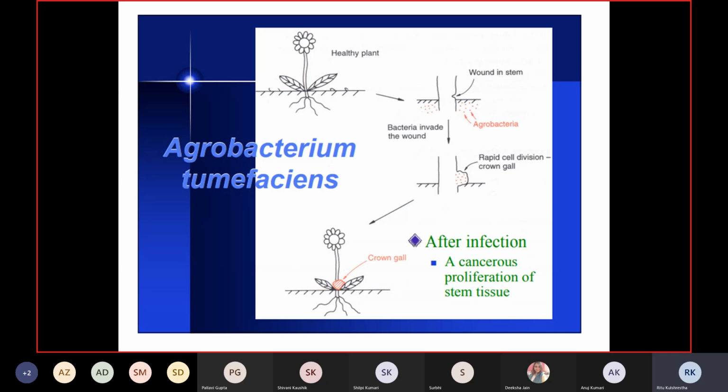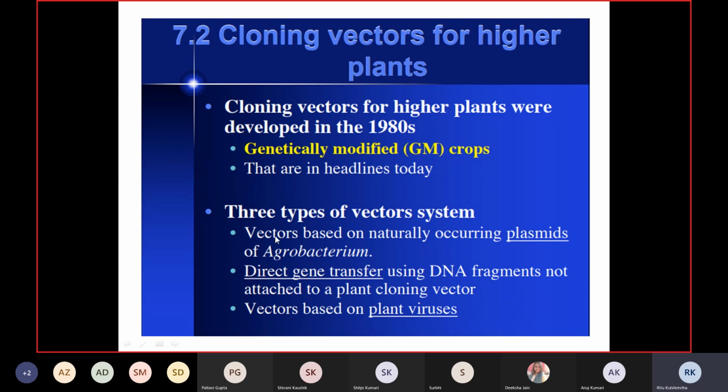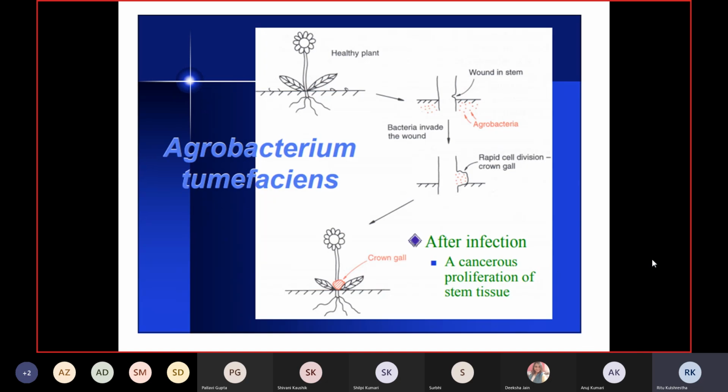Coming to the first strategy, which says vectors based on naturally occurring plasmids of agrobacterium. It means that in plants, the plasmid can be transferred from a bacterium called Agrobacterium tumefaciens.